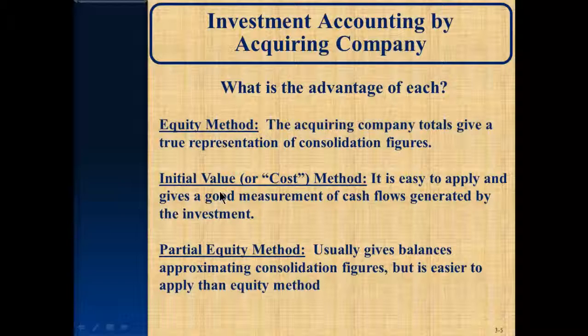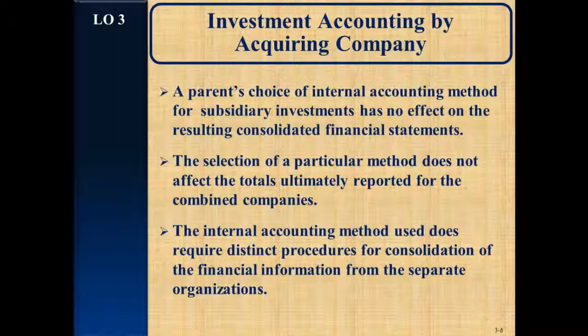So you do have that legacy file. I do think the cost method is easy to apply, and that's why most people use it. And the partial equity method is approximating the consolidated figures, but again, it doesn't make the consolidation really that much, if any, easier. I think a little more difficult.